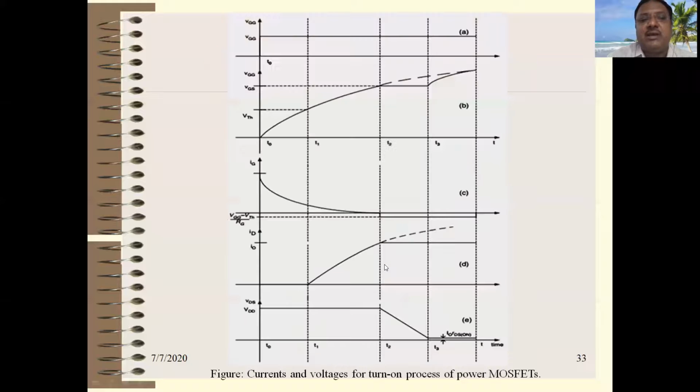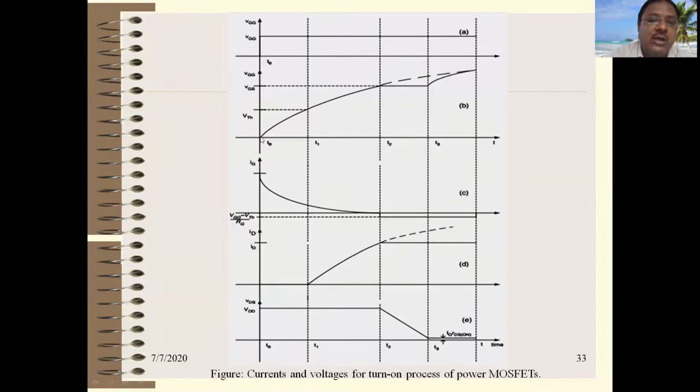See, this is basically a switching characteristics curve. If you see the first graph, this is VGG, the constant DC voltage applied here, right? This is actually a battery. Then this is VGS, the gate to source voltage.